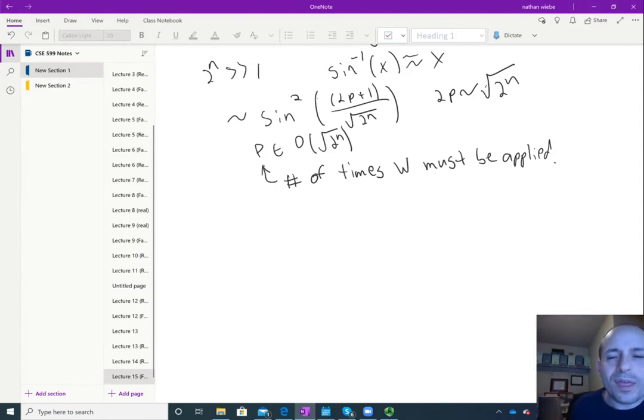Okay, so that gives us the number of times that w has to be applied, but we need to be able to, as I said, relate this to the number of oracle queries.